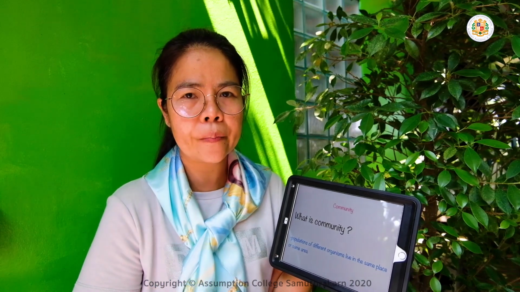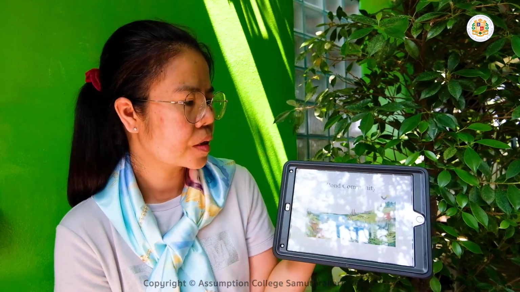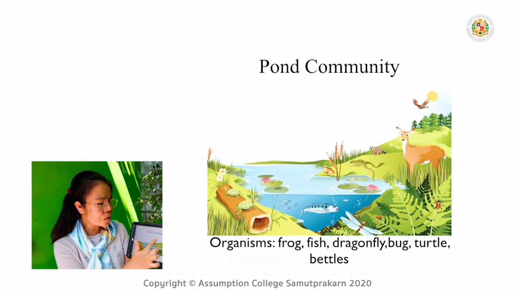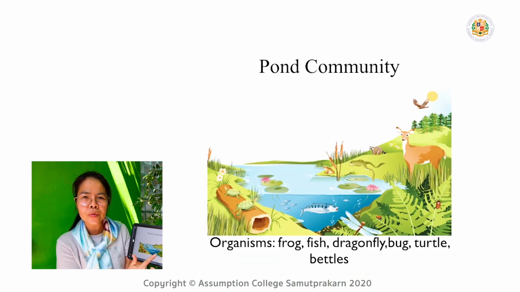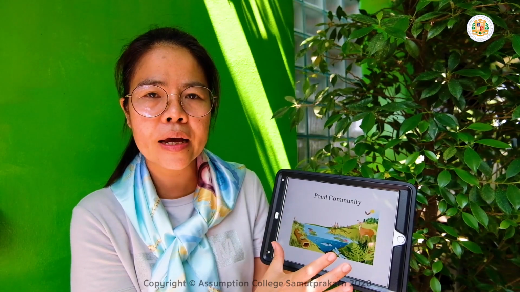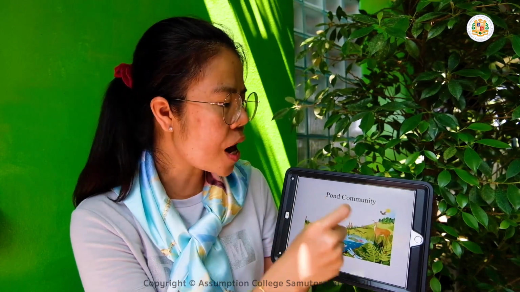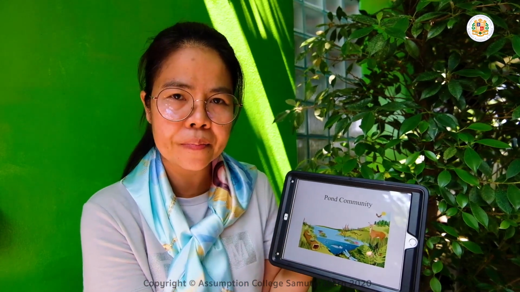For example, pond community. We can find many types of animals. Many species of animals live together, and many types of plants live together. Okay, so this is a pond area. So that's why we call it pond community.